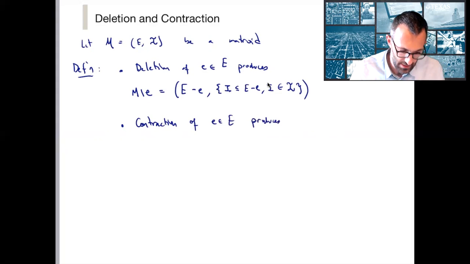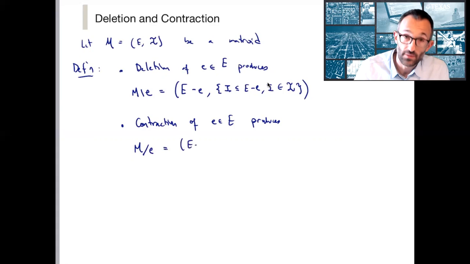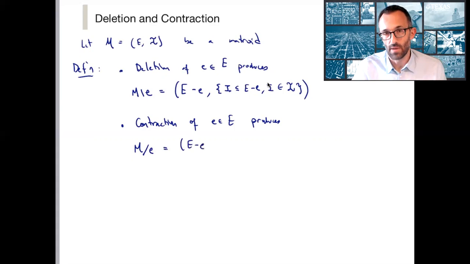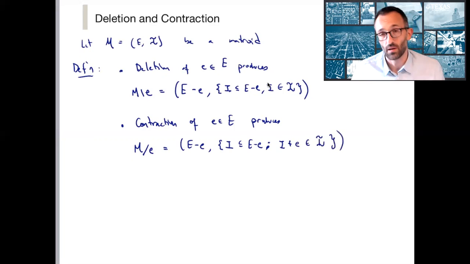And this produces a different matroid, which we're going to denote by this. This is a matroid, again, on the same ground set, E minus e. But it's going to have a different independent system. Its independent system will be all I that are a subset of E minus e. But the condition that we need is that I plus e is an independent set in the original matroid.